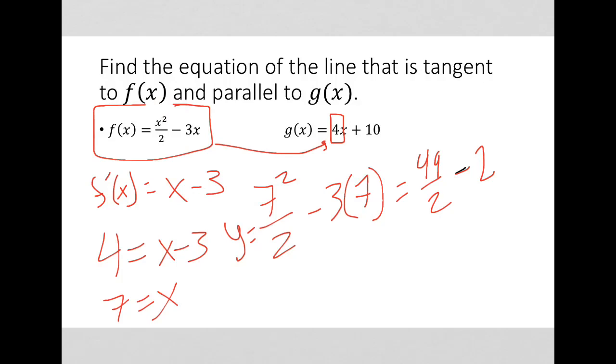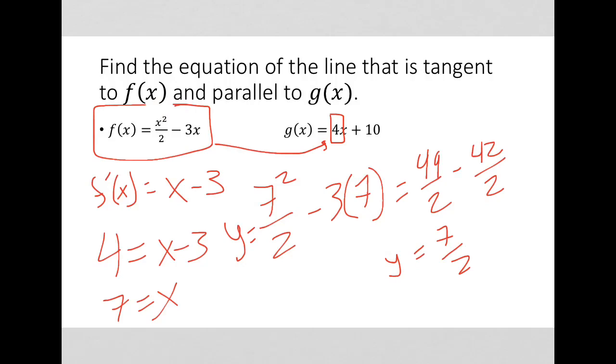But instead of writing 21, I am going to double it and write 42 over 2. 21 times 2 is 42. So I have a common denominator. So I can say y is 49 minus 42 is 7 over 2.